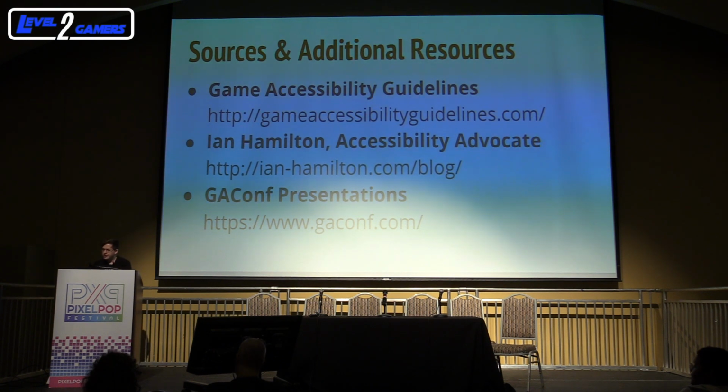Yeah, so the question was, how can you make your games more accessible if you don't necessarily have the resources for things like QA and playtesting? What I suggest in this case is essentially just trying to do a lot of research. The game accessibility guidelines is a great start. I do recommend using simulators. If you take a screenshot of your game, there are websites where you can upload the screenshot and see what it looks like to a player who has a certain type of color blindness.